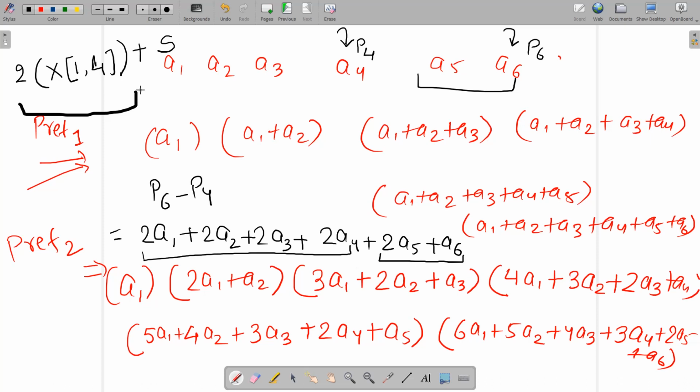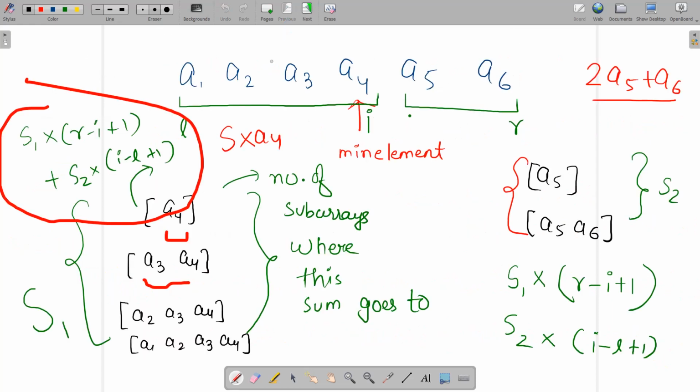Note that the single prefix sum I am talking about here is the range from 0 to position I.